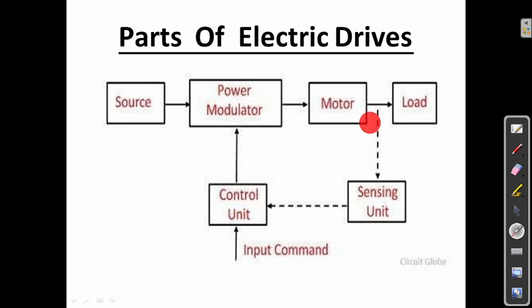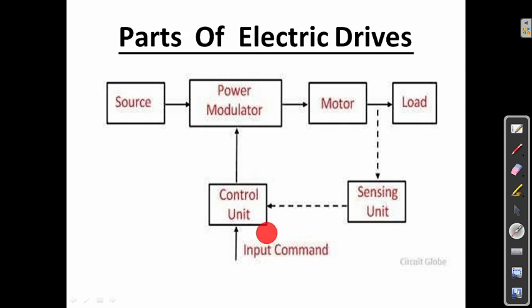Here the sensing takes place, to determine how much control we have to give to that particular motor or load. After sensing, it goes to the control unit. Here we give the control input command, how much control has to be applied.